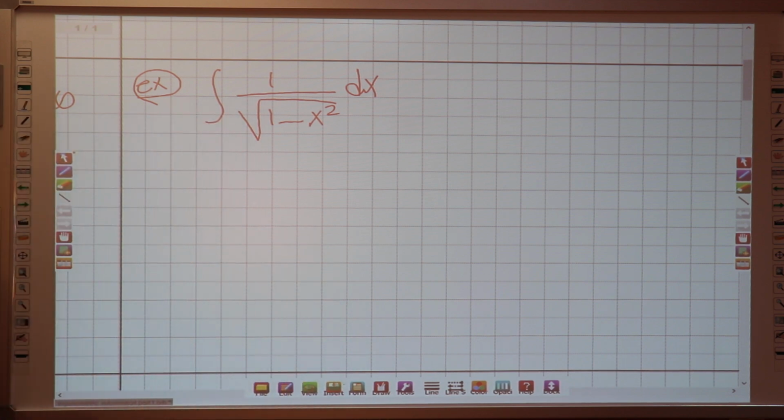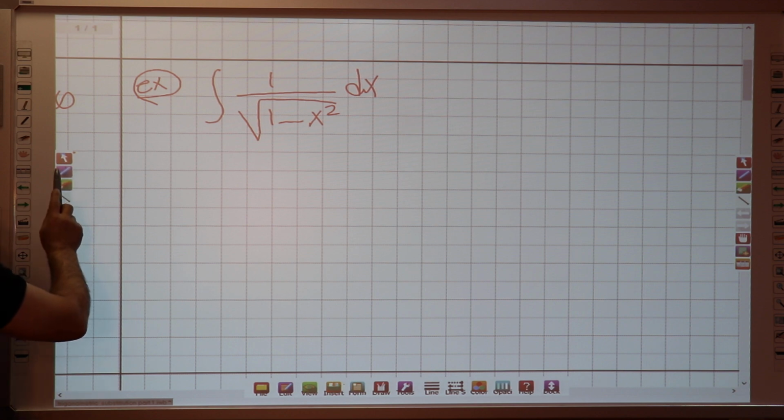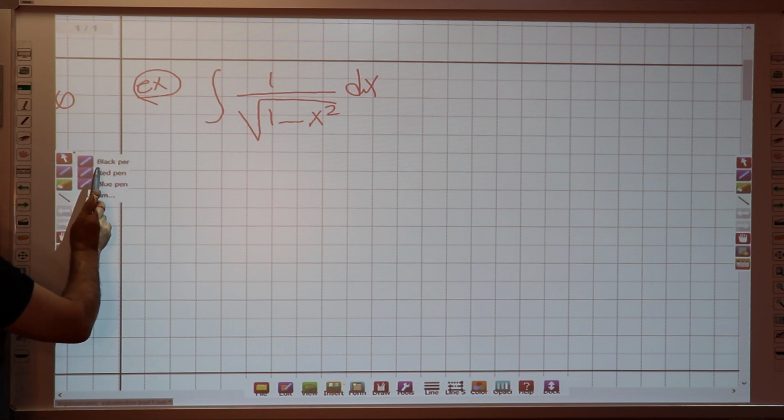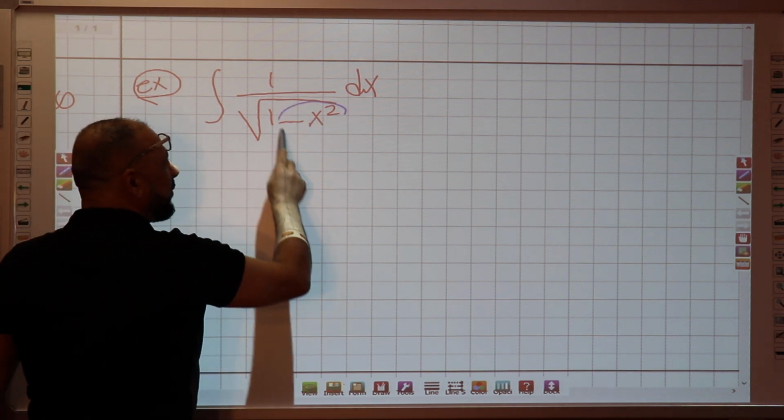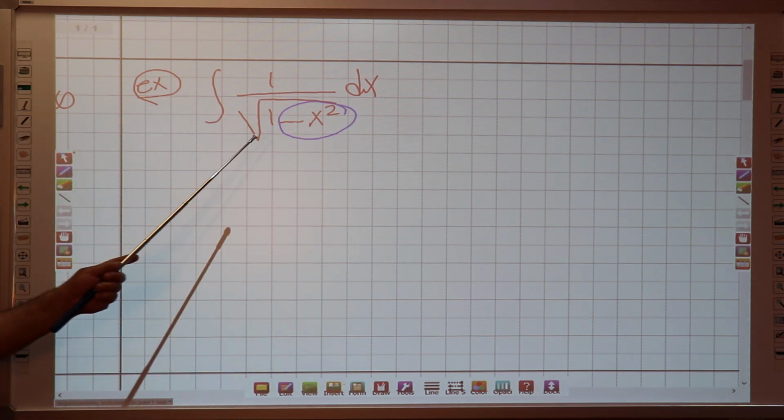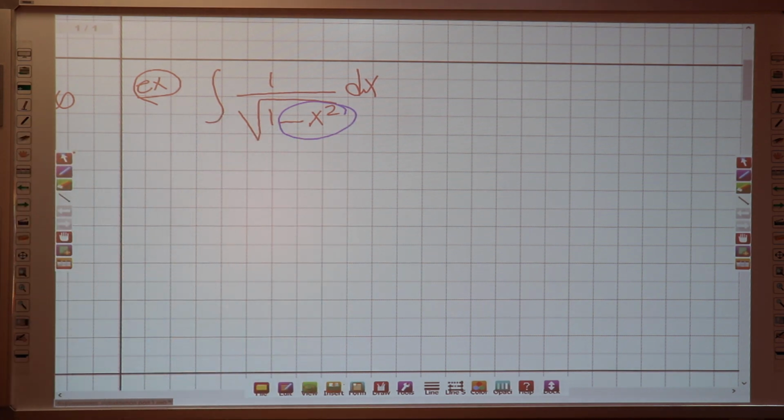Okay. Good. Now look here. What we have here: the x squared is negative, right? Then which substitution am I going to use?